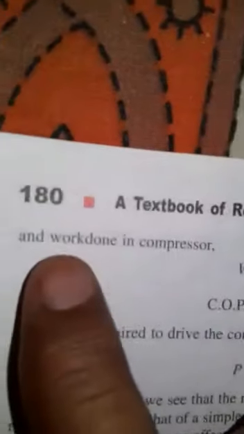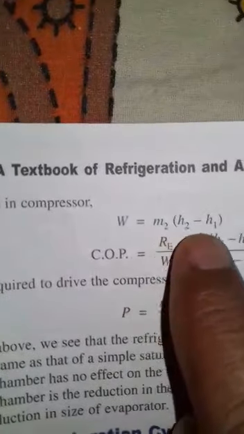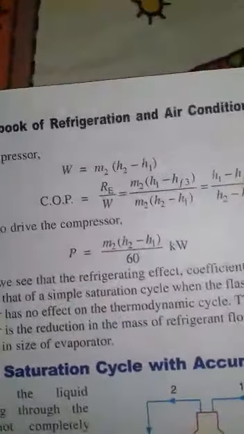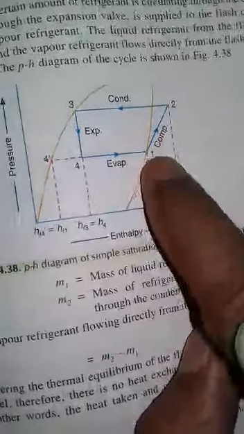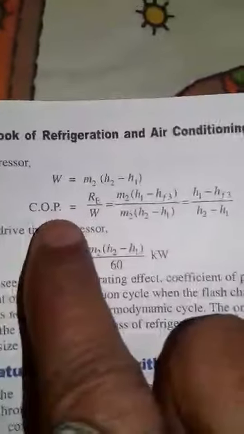Now the next part, the work done in the compressor, is given by W equal to M2 into H2 minus H1. That is the compressor work from 1 to 2, a constant entropy process, where the mass is M2, which we already know. So we have got the compressor work M2 into H2 minus H1.